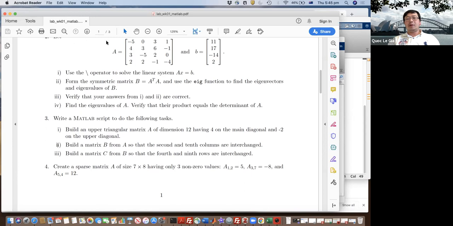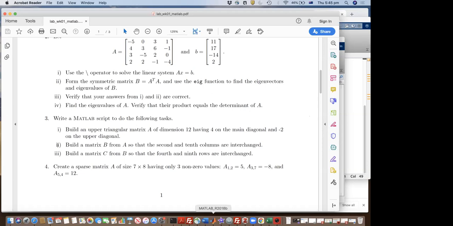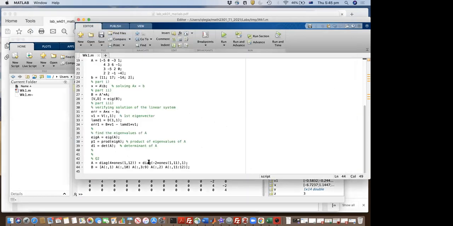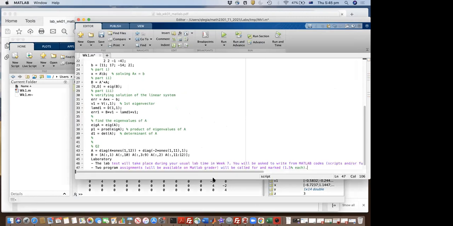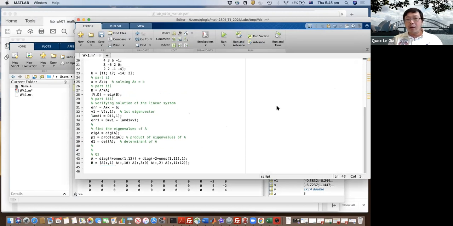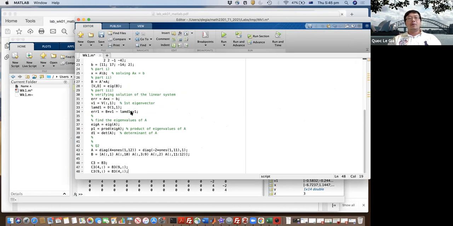Yeah, I saw somebody type in the commands. So just type it in and see whether it works or not. Okay, so now see whether it works.